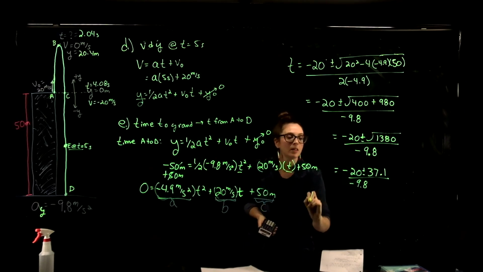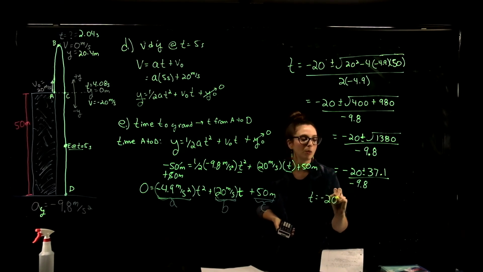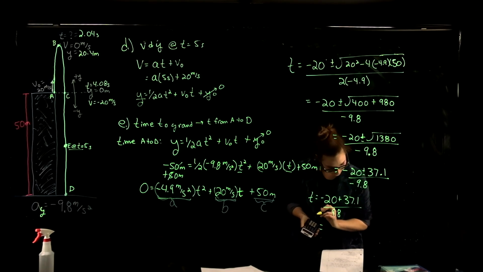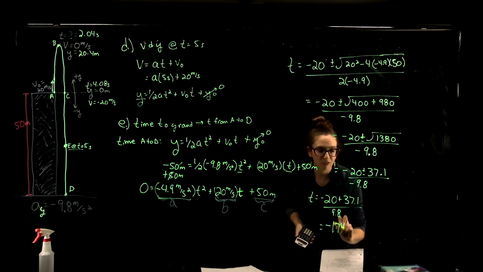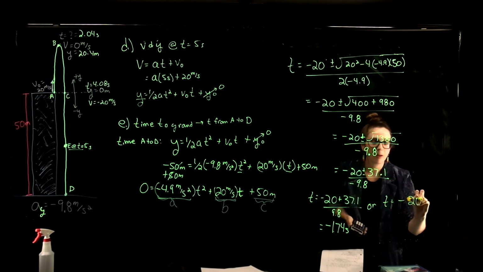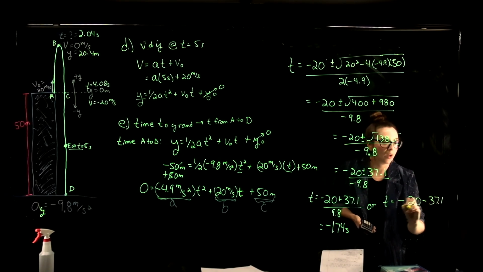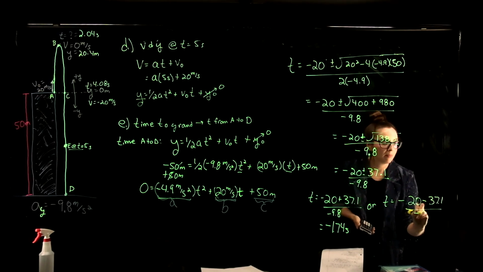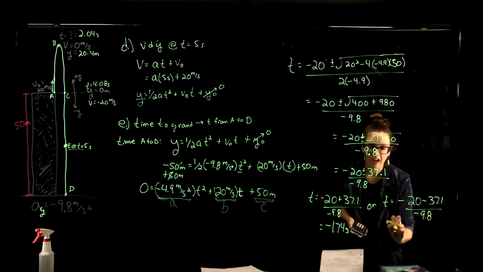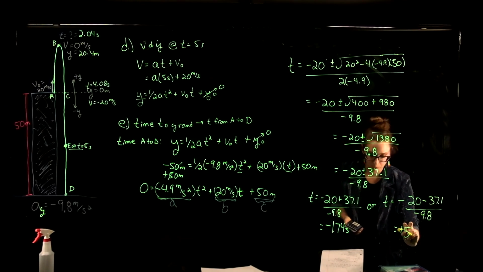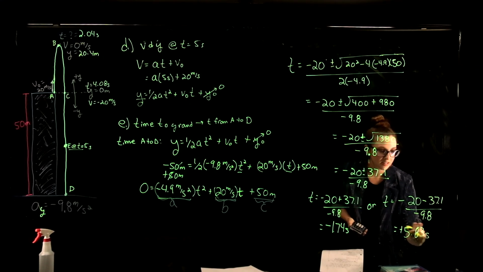So t could be minus 20 plus 37.1 divided by minus 9.8, and that would give you negative 1.74 seconds, or t could be minus 20 minus 37.1 divided by minus 9.8, and that is positive 5.83 seconds, okay?